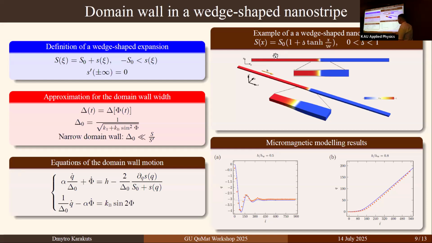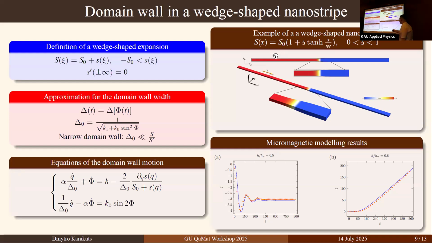It just significantly simplifies the resulting equations. As you can see here, unlike the previous case, we have no interplay between the domain wall, the cross-section gradient, and an external magnetic field. So we have no coupling between field and cross-section gradient.